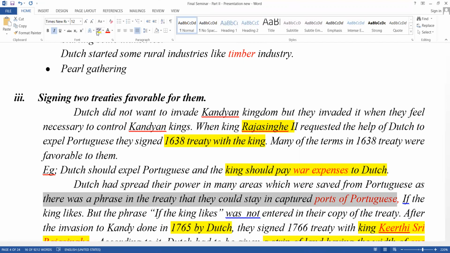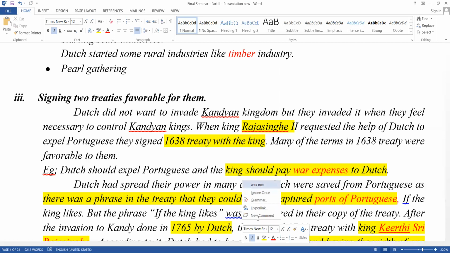So that was advantageous for them. Staying in those places, fortresses, they did trade activities. And the clause "if the king likes" was not entered in their copy of the treaty, so that was a fake one.